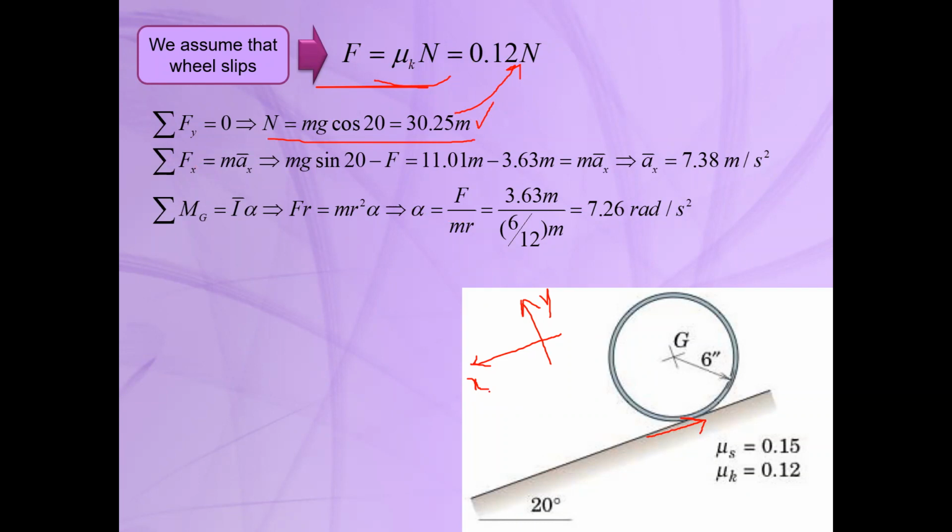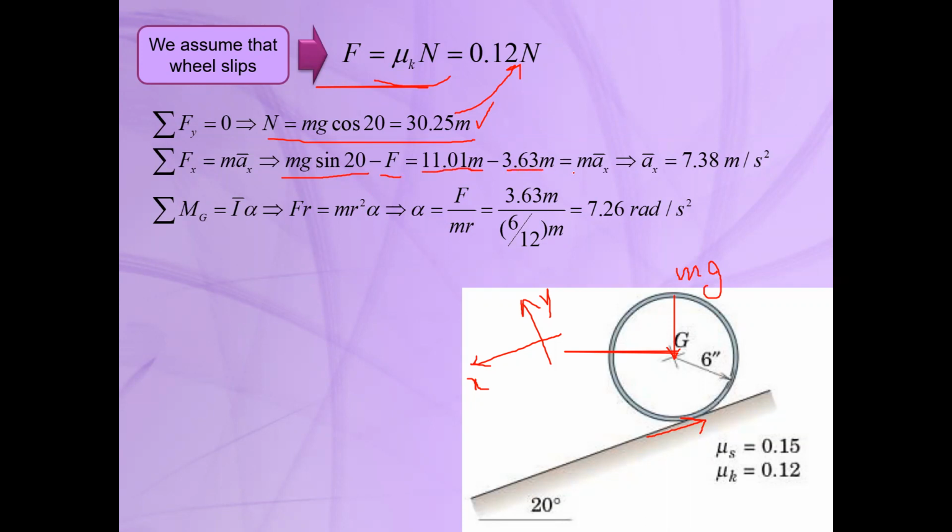Now you can write the force equation in x direction. If you write the force equation in x direction, we have the weight, or mg. So the x component of the weight is mg sine theta, mg sine 20, minus F. It must be equal to the mass times ax.